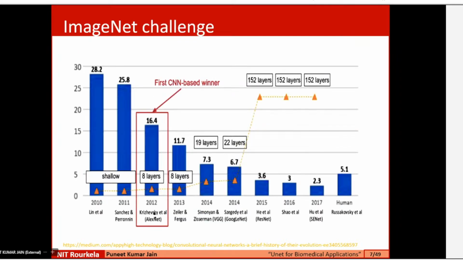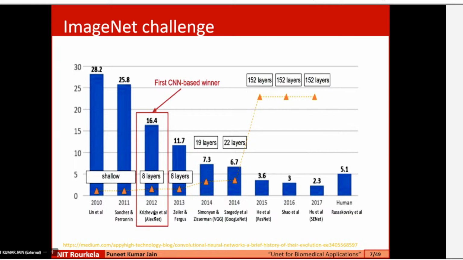After that, the major breakthrough appeared in 2012, where a CNN based model won a very popular challenge called ImageNet, a large scale image classification challenge. The challenge appeared in 2010, but the first two winners, in 2010 and 2011, were not CNN-based networks.